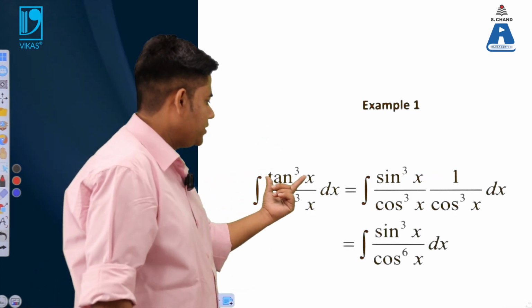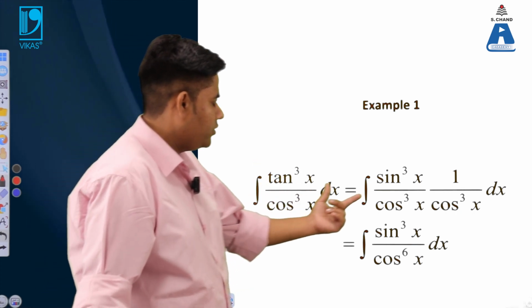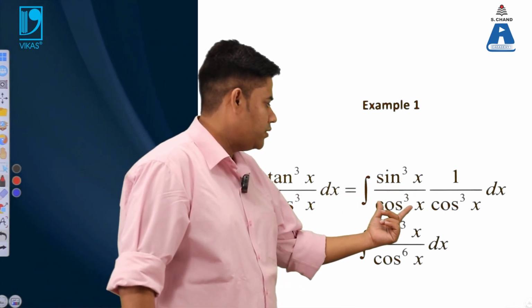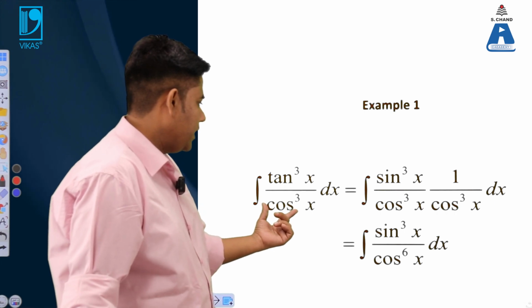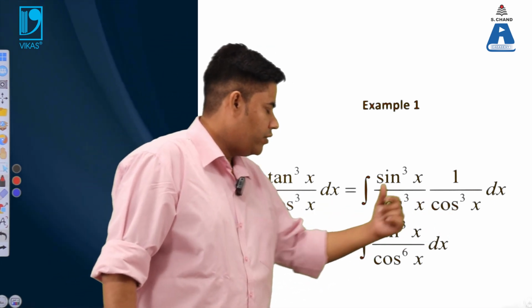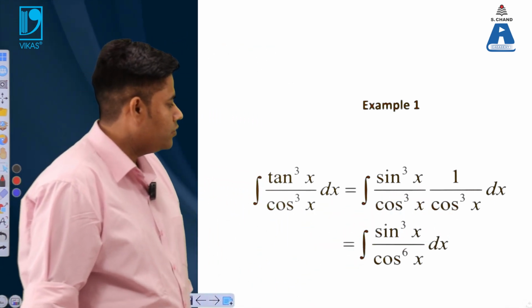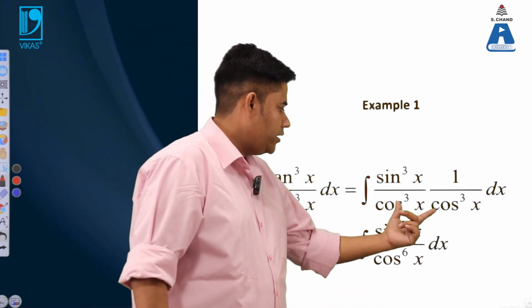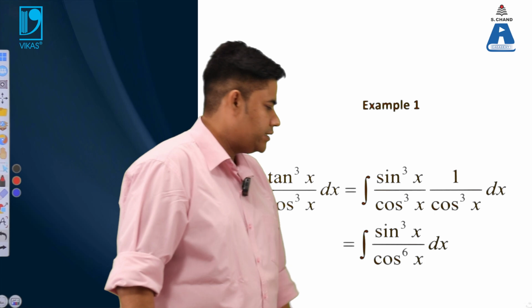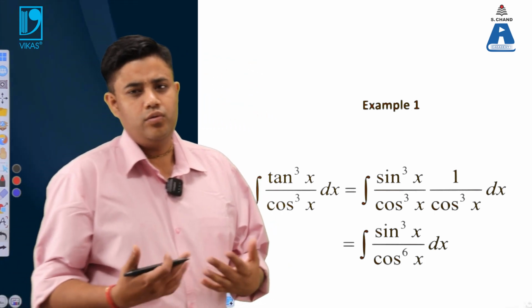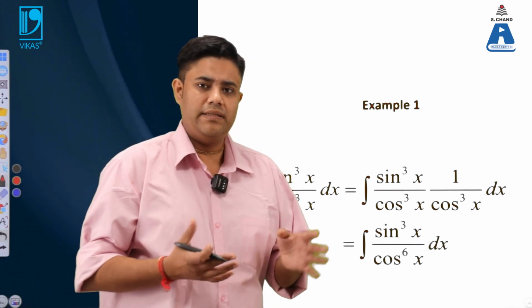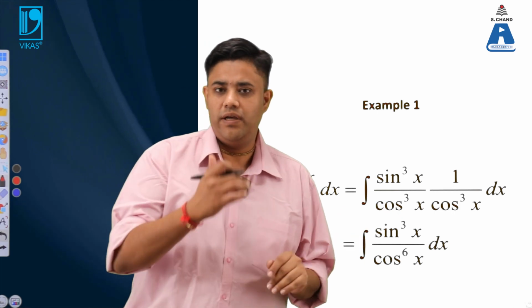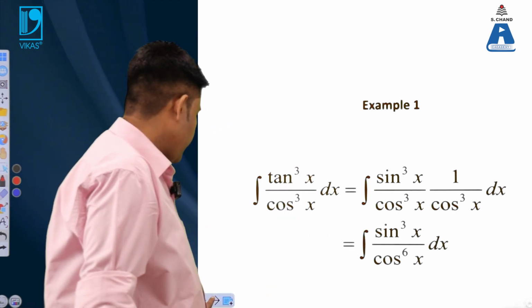So tan cube x leads to sine cube x over cos cube x, and it has this cos cube x already there. So this would lead to sine cube x in the numerator and cos raised to the power 6 x in the denominator. Now we have to simplify it more as per the steps that we have seen previously.